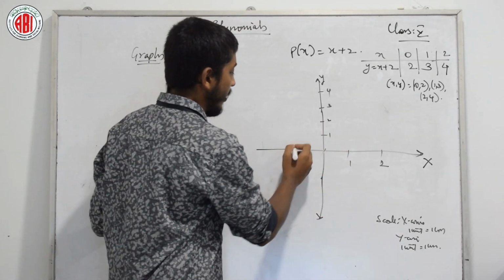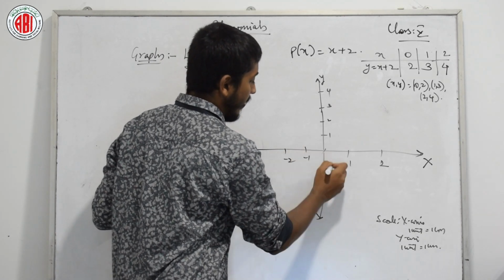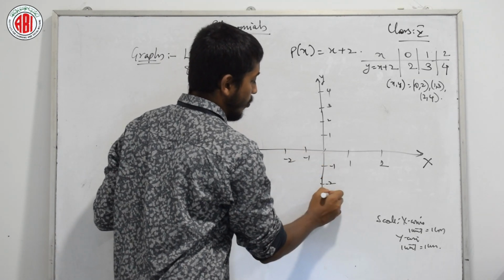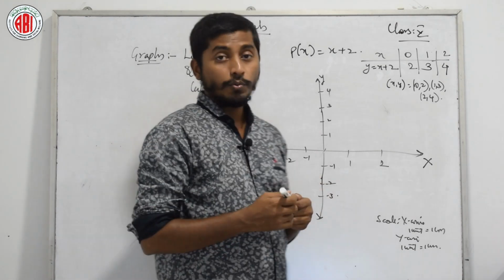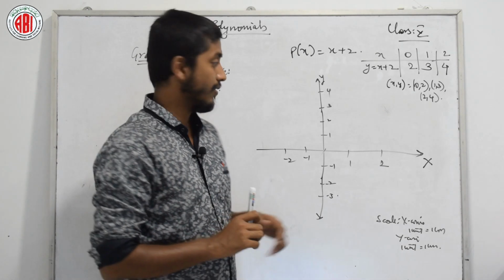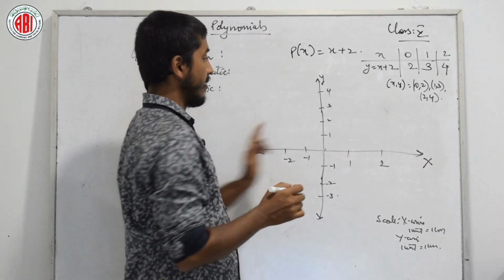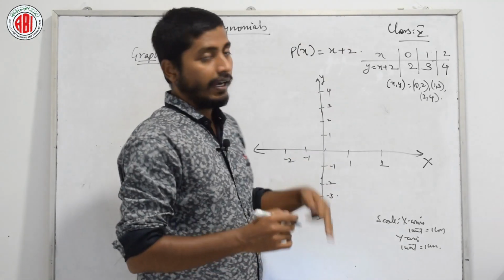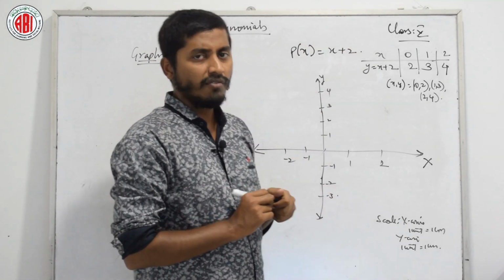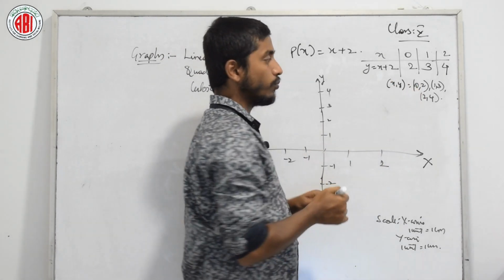Let us write on the left side also, minus 1 and minus 2. And on the negative y axis, it is minus 1, minus 2 and minus 3. Hope you all know how to draw the graphs learned in the last classes. This is the positive x axis, this is the negative x axis, this is the positive y axis, and this is the negative y axis. Now we have to plot the given points, that is 0 comma 2.